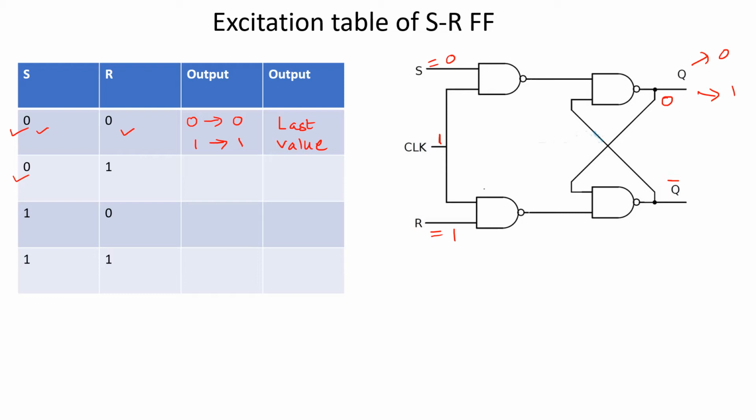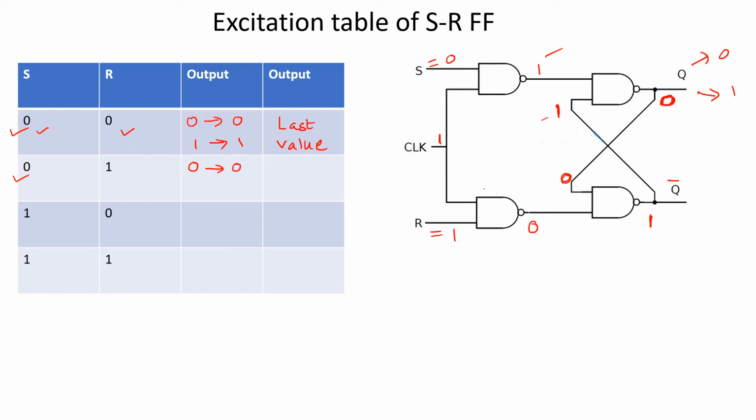The output of the first NAND gate, 1 0 becomes 1, and 1 1 becomes 0 here. This 0 comes here, 0 0 becomes 1, 1 1 becomes 0. Again that 0 comes here, 0 0 becomes 1. This 1 goes here and makes 0 again. That means I assumed 0 and I got 0.